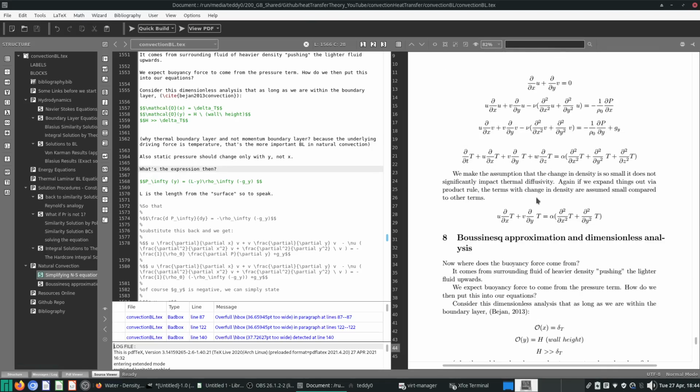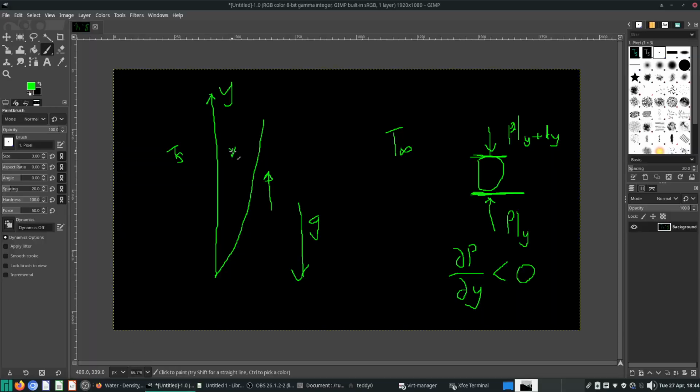We don't exactly know what the pressure is everywhere in the boundary layer. We don't know what the pressure is here, or here, because at this point you need to integrate, since pressure equals rho GH.